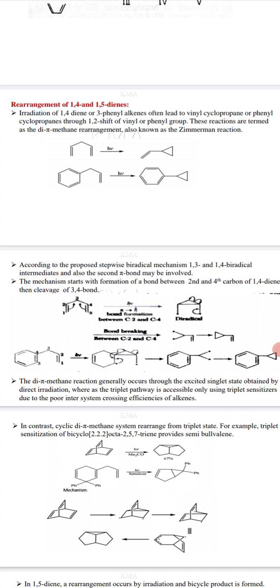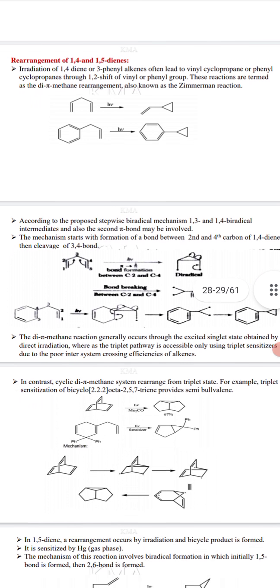The reaction is as simple as this: a 1,4-diene rearranged into vinyl cyclopropane in presence of light through a 1,2 shift. This is called the di-pi-methane rearrangement, also known as the Zimmermann reaction.